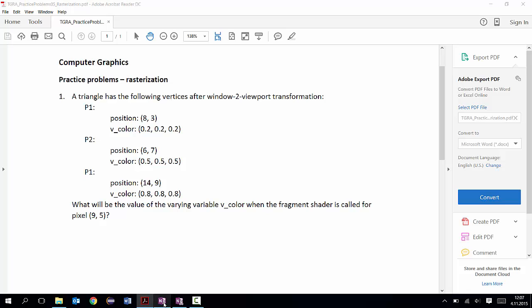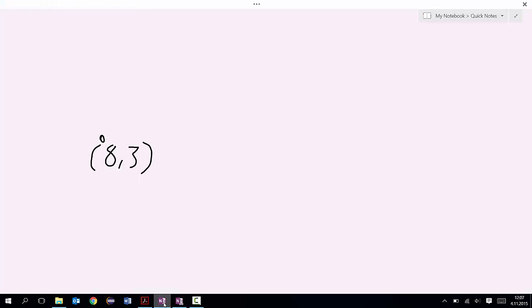So this point here is 8, 3. Okay, the next one was 6, 7, meaning that we're going 2 back here, and 4 up, so it's somewhere around here.